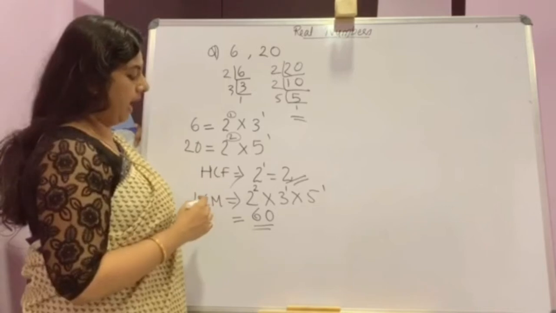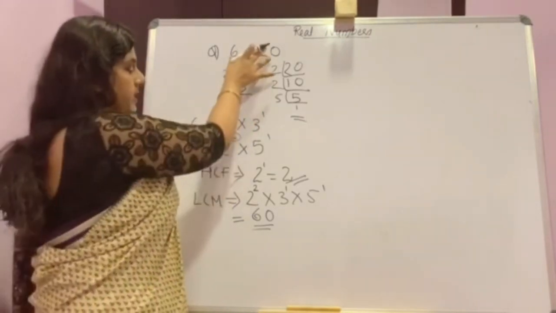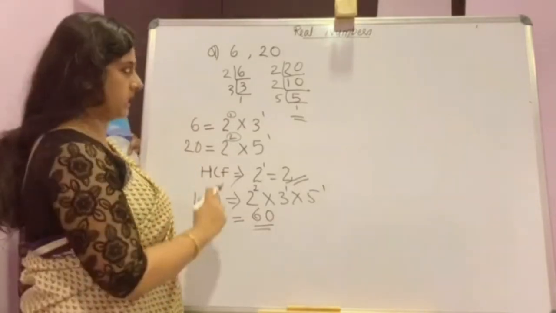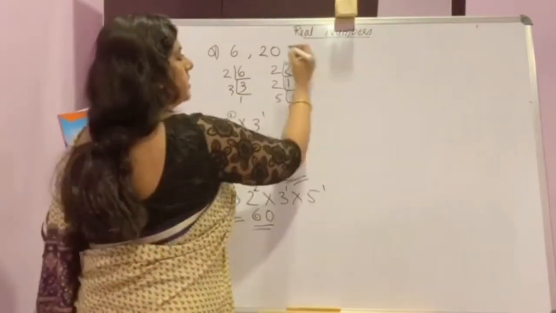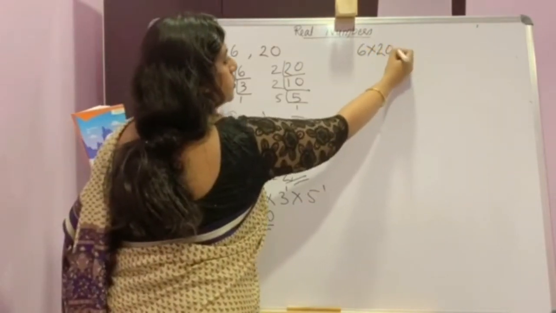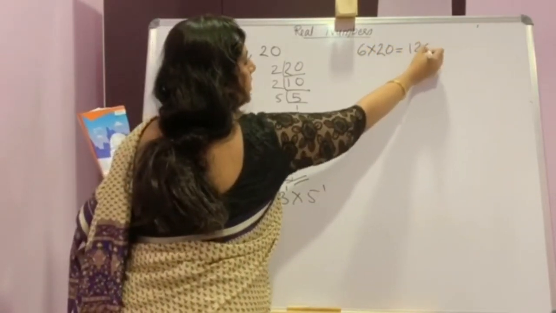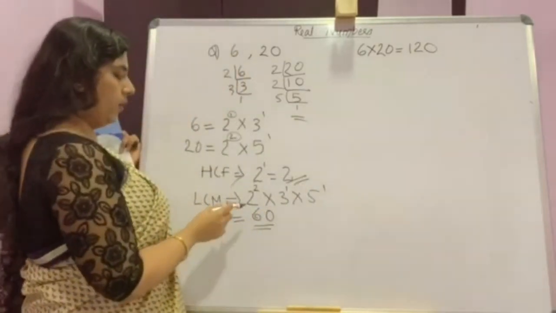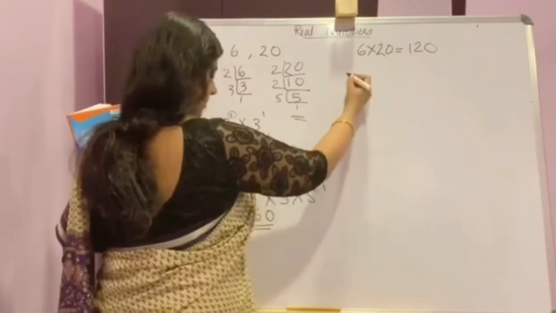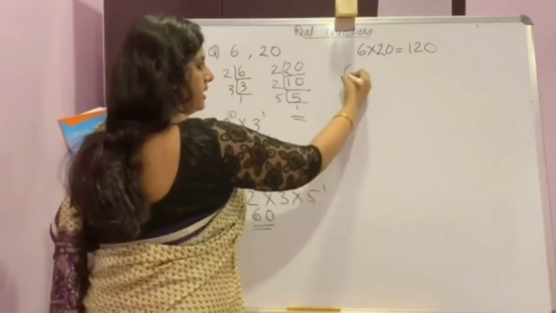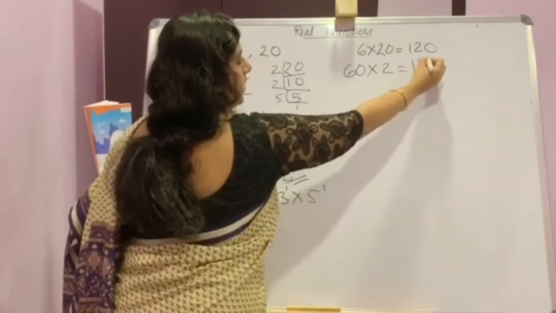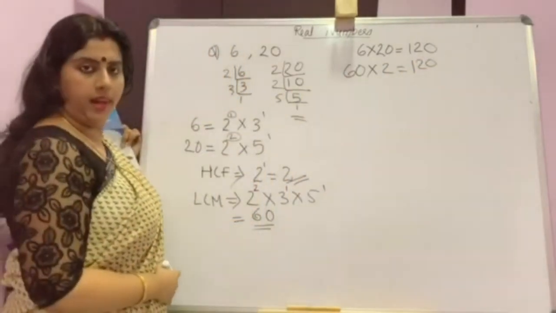Now we have a relation between these numbers and both LCM and HCF. Let us check. That is, let us multiply the given numbers in the question. That is 6 into 20 is 120. Now what about the product of LCM and HCF? That is again 60 into 2, 120. Both are equal.